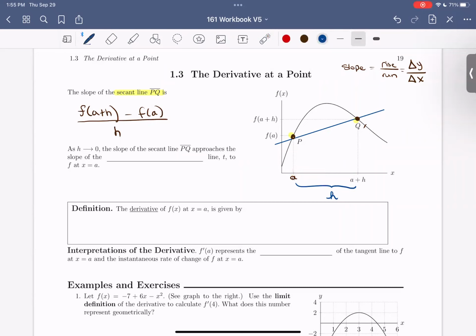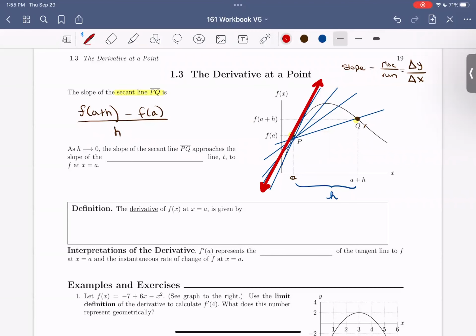As that happens, our secant lines going through P and whatever corresponding point start to center around one line in particular. I'm going to draw on that line. As this h gets smaller and smaller, that secant line approaches the tangent line of our curve at that point.